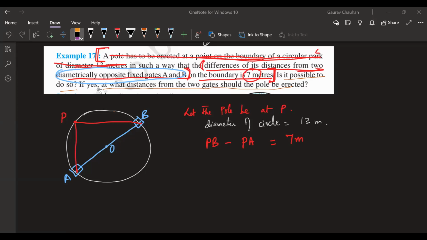Didn't get what to find. Nishay, read the last sentence. The question is in the last sentence, right? If yes, what distances from the two gates should the pole be erected? Basically, it's asking what distances from here, from here.